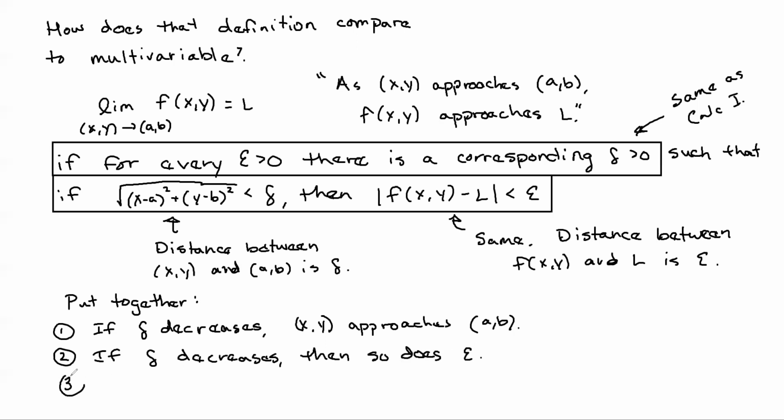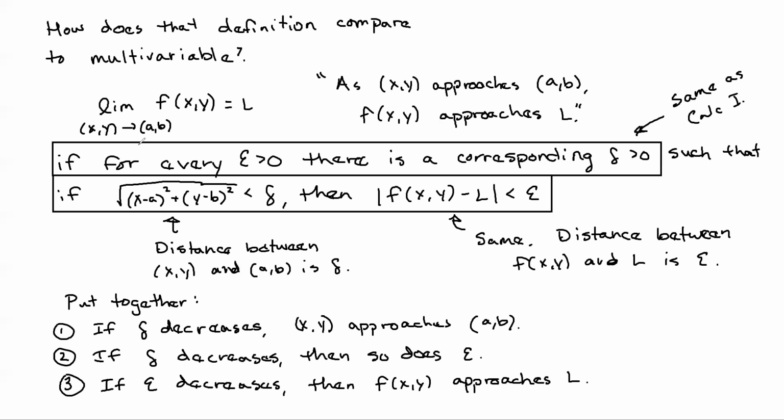And then 3, if epsilon decreases, then f of (x,y) approaches L. And that's the basic idea.